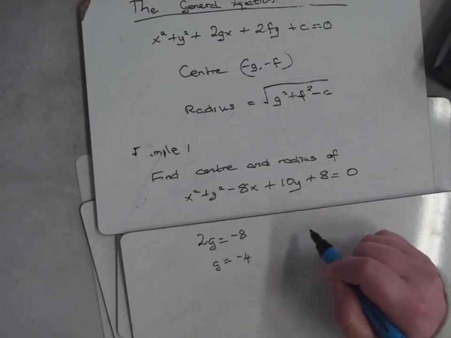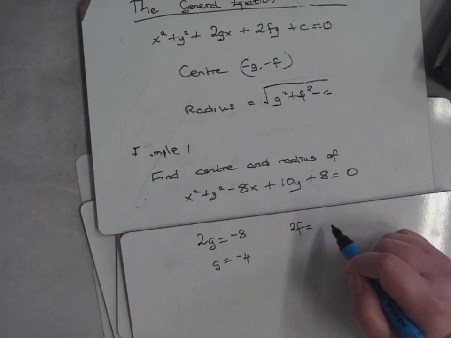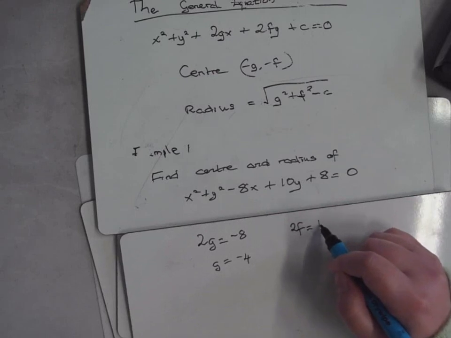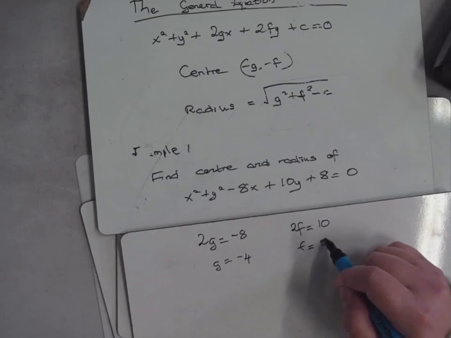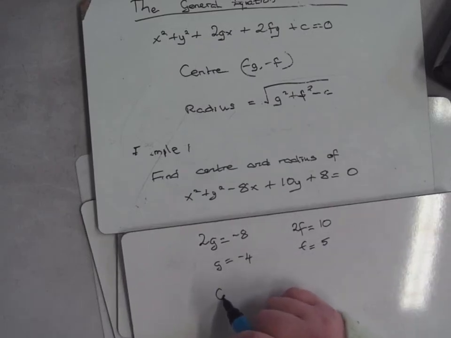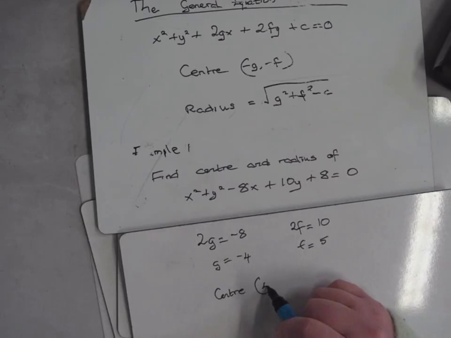Agreed? 2f is equal to the number in front of y. So what's 2f equal to? 10, so that means f is equal to 5. Then the centre is minus g, minus f. So it's the opposite signs to what you just got. So what's the centre? 4, minus 5.